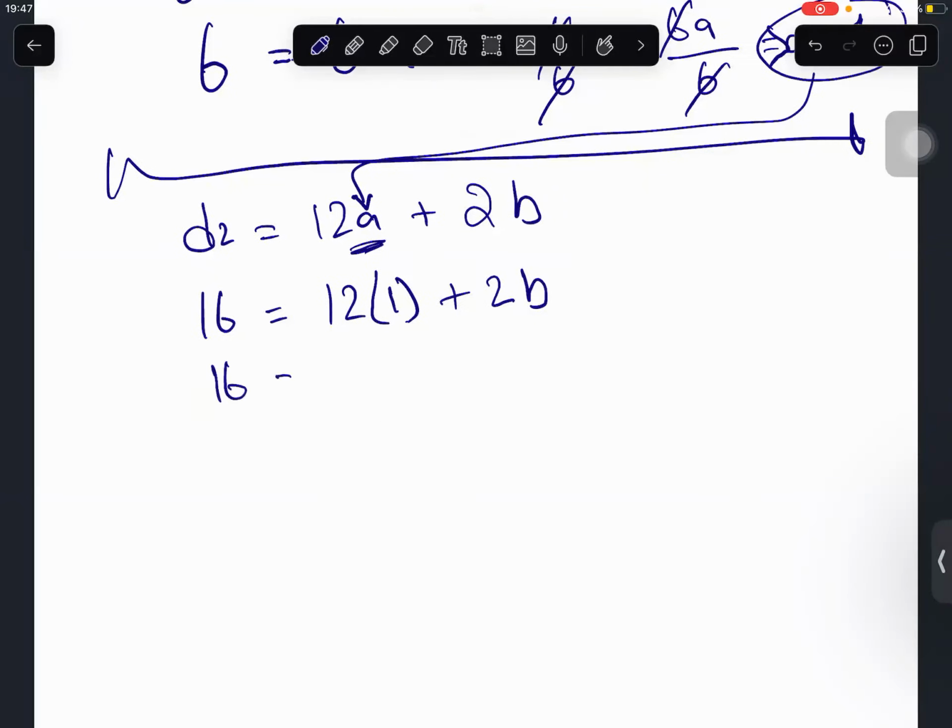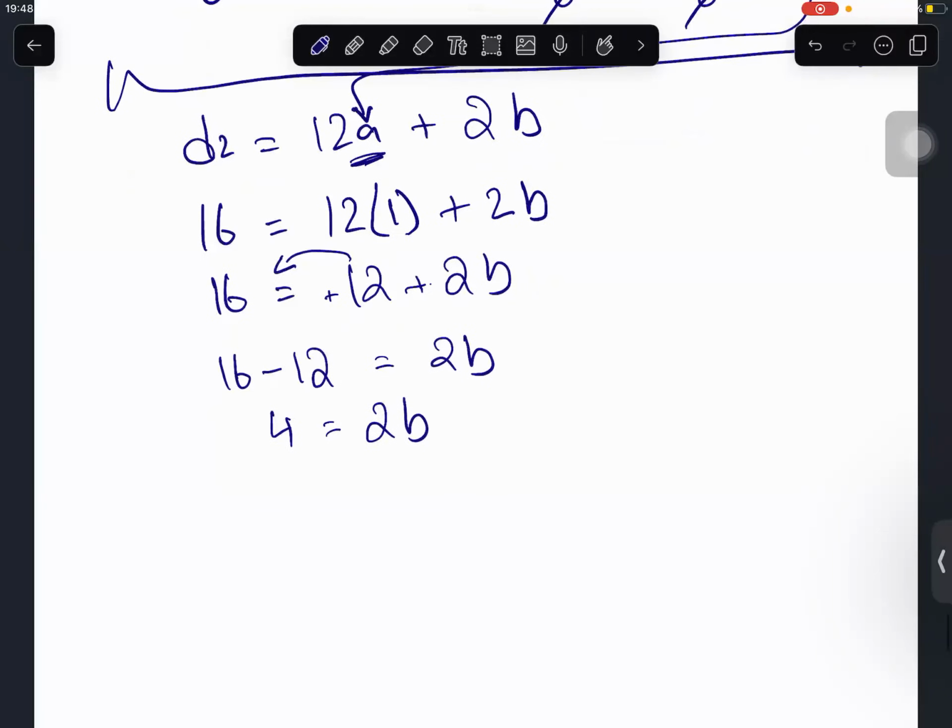Now this becomes 16 equals 12 plus 2B. This 12 will be moved here. Over here it is plus 12, over there it will be minus 12. 16 minus 12 is equal to 2B. You get 4 equals 2B. You divide by 2 on both sides and get 2 equals B, or B equals 2.